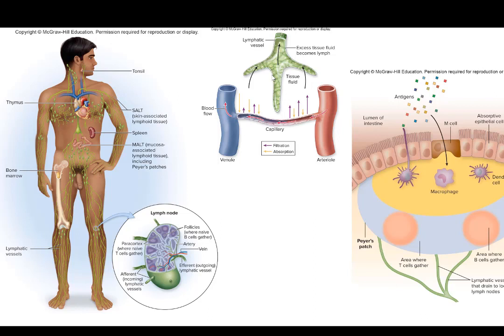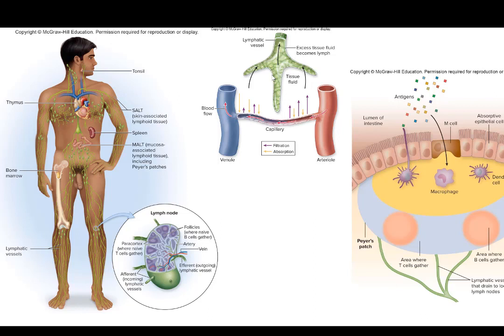So we can't alert the body as well that there's a virus there. There are some viruses that are sneakier than others. Generally, the ones that cause more severe disease are the sneakier ones. Obviously, the common cold doesn't have any of these abilities because we can eliminate it pretty quickly with just the innate immune response and some IgA. Okay? Does that make sense?